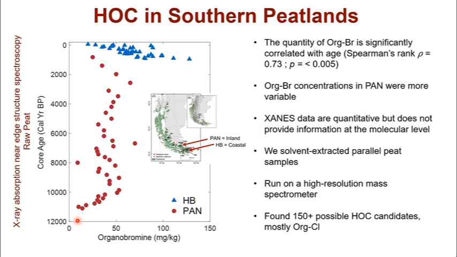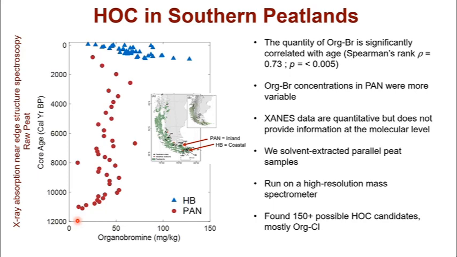XANES, however, does not tell us molecular-level information, so we use solvent extraction. Now, this is one thing to be clarified here. XANES is done directly on the sediment itself, so the solid phase. We cannot shoot the solid into the mass spec, so we have to solvent extract it.